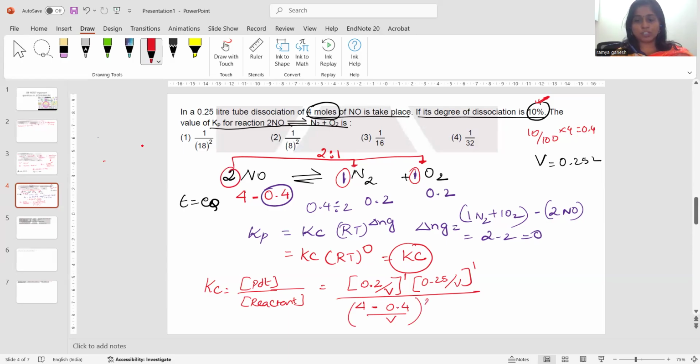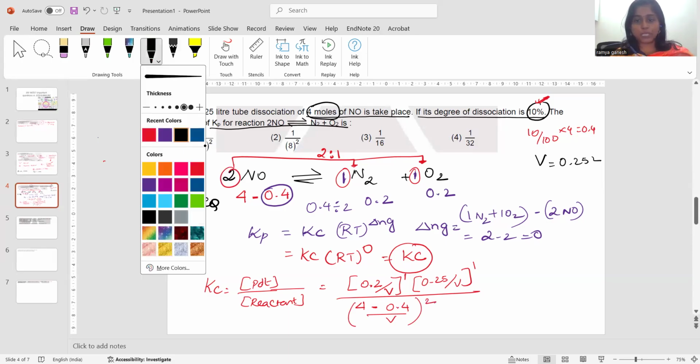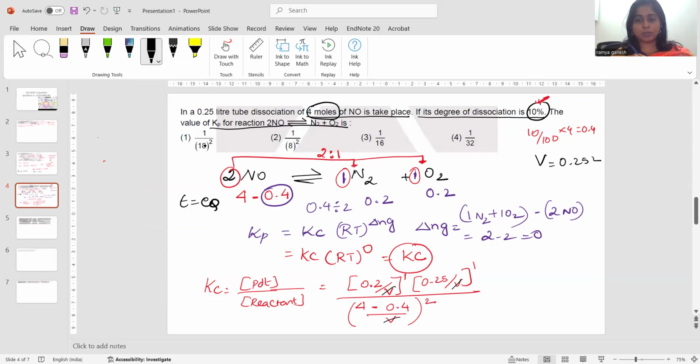Why? Because the coefficient is 2 here. You can see the V's are getting cancelled because of the square. So what we have here is 0.2 square divided by 3.6 square, which is nothing but (1/18) square. So those who have got this as your answer, very well done, children. Let's go on to the next question.